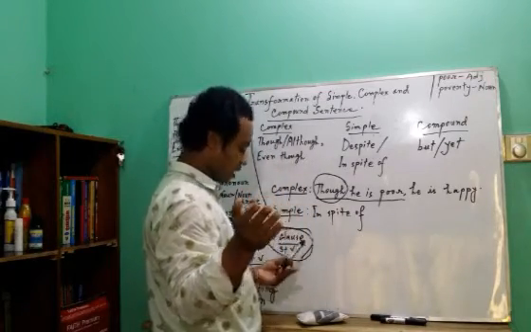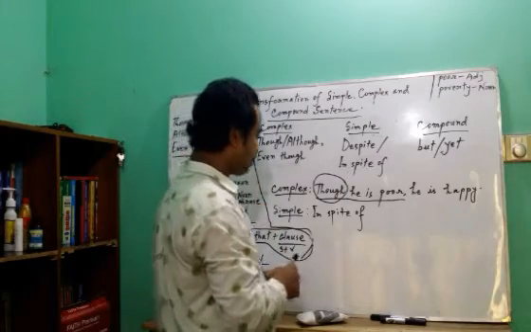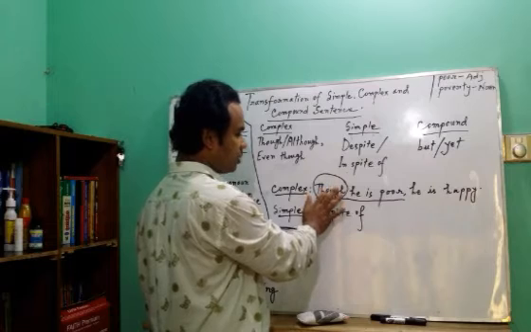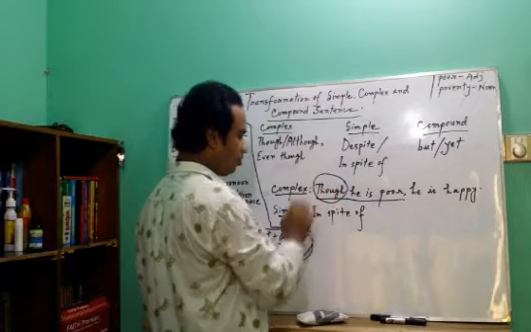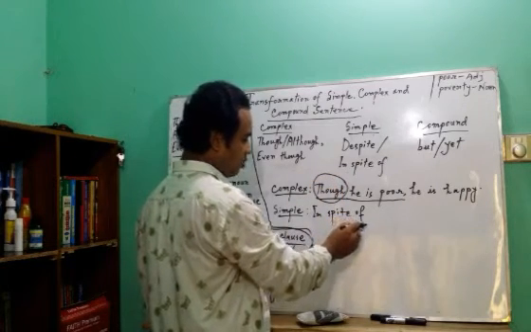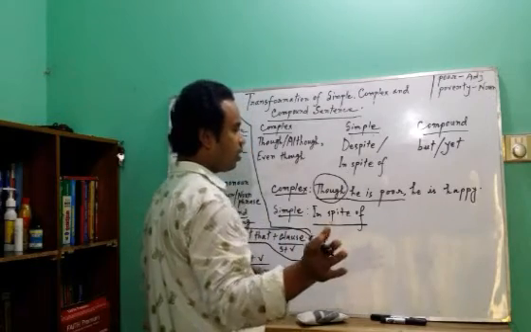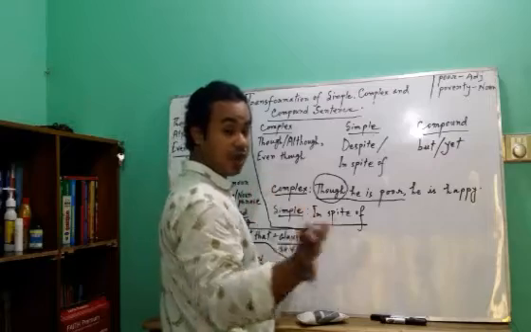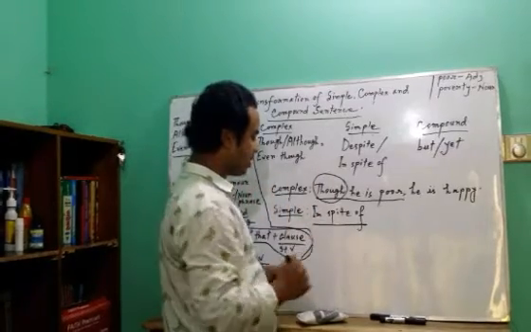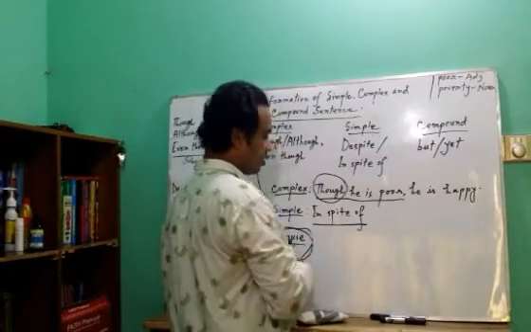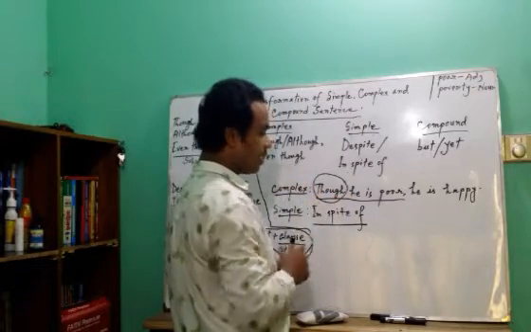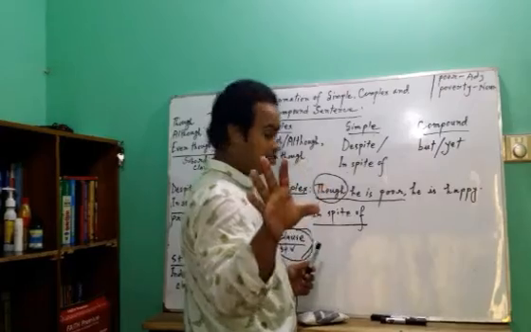In place of the subordinating conjunction though, we have to use in spite of, or we can use despite also, but never use of after despite. Always remember that.